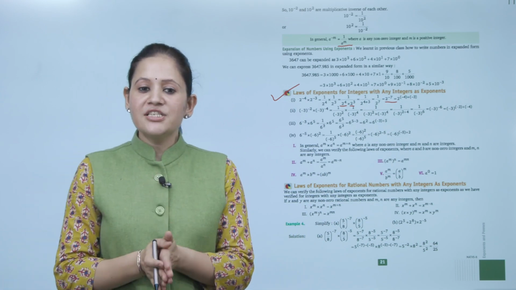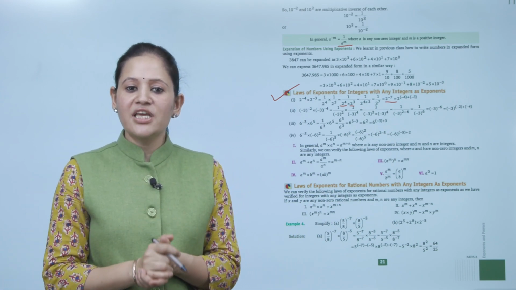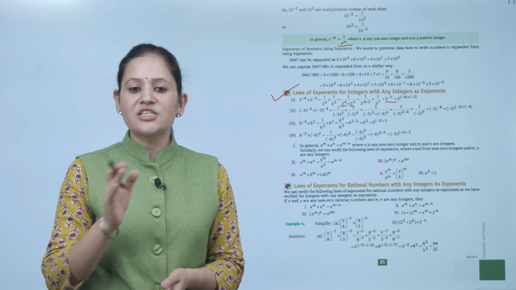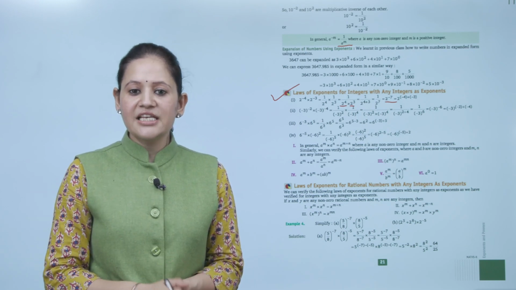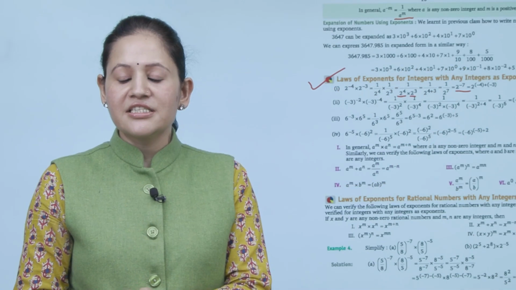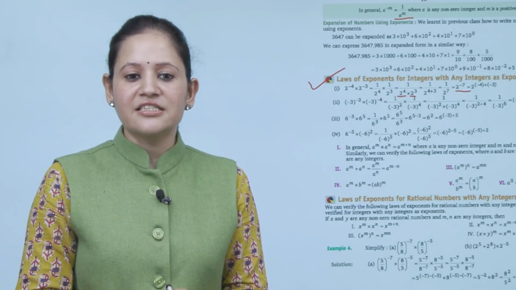Clear? So in general, a to the power m into a to the power n is equal to a to the power m plus n, where a is a non-zero integer, m and n are integers.